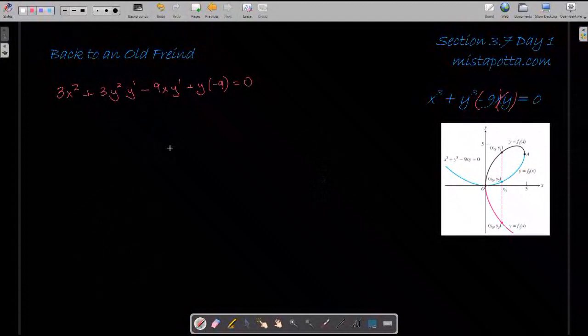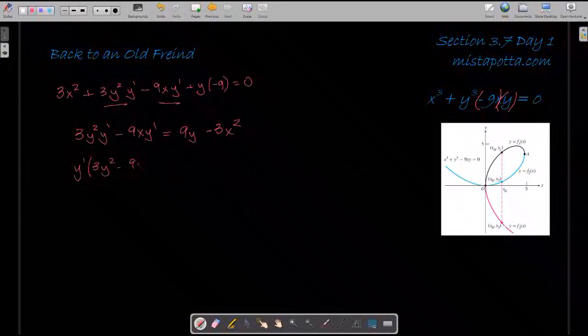So now I need to solve for y prime, get all my y prime terms together, and I've got 3y squared y prime minus 9x y prime equals 9y minus 3x squared. And then by factoring out our y prime, 3y squared minus 9x is our factor.